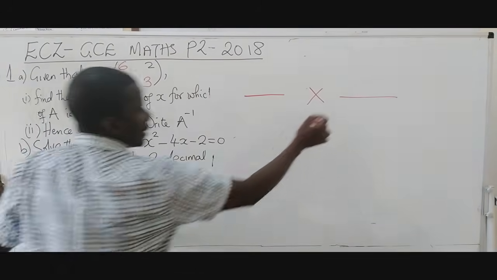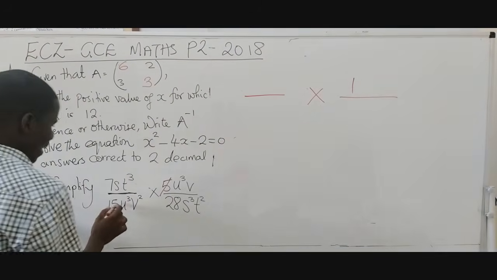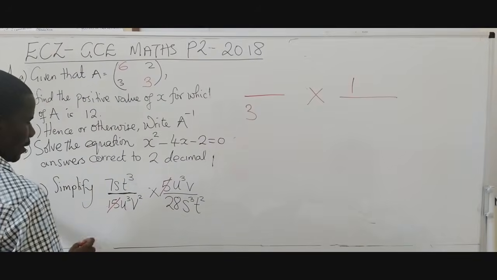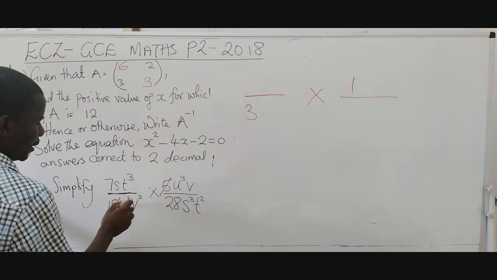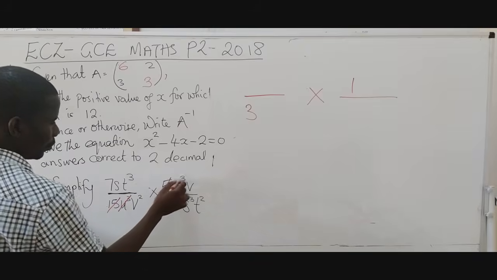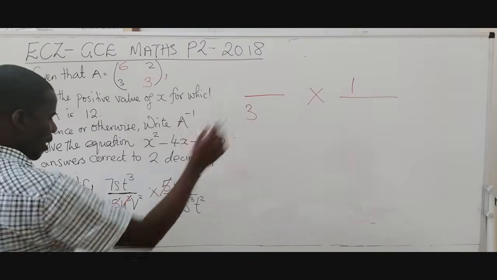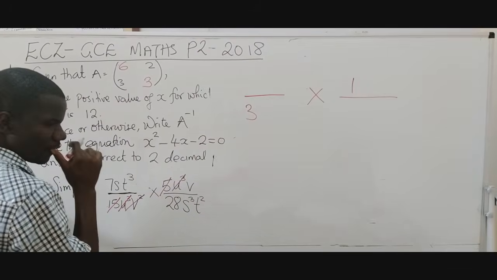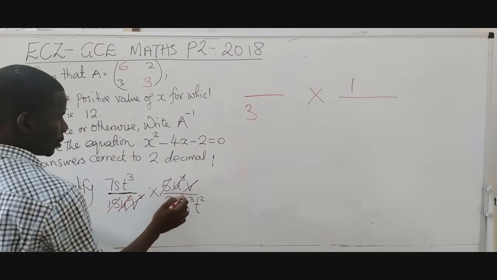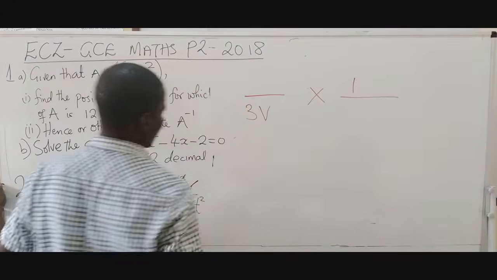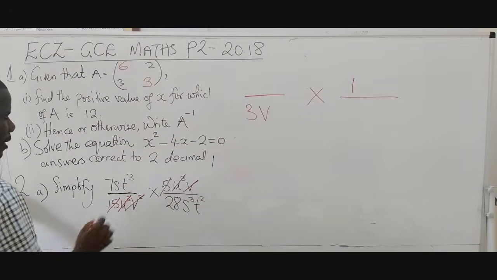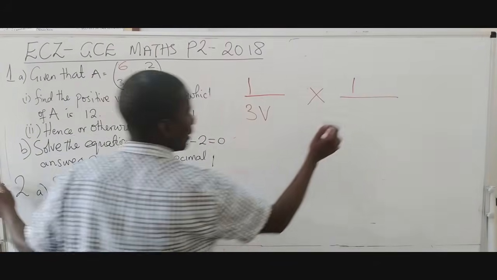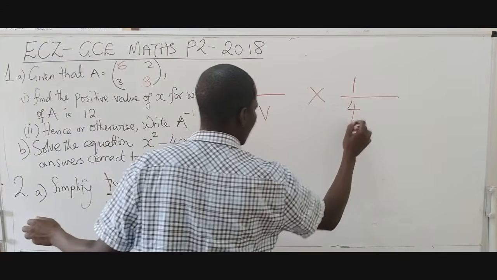5 here, it's 1. 5 here, it's 3, isn't it? Then this u is cubed, and this u is cubed. So it's like we have 1, 1. Then v, here we have 1v, isn't it? So here we remain with v. 7 here, 1. 7 here, 4.